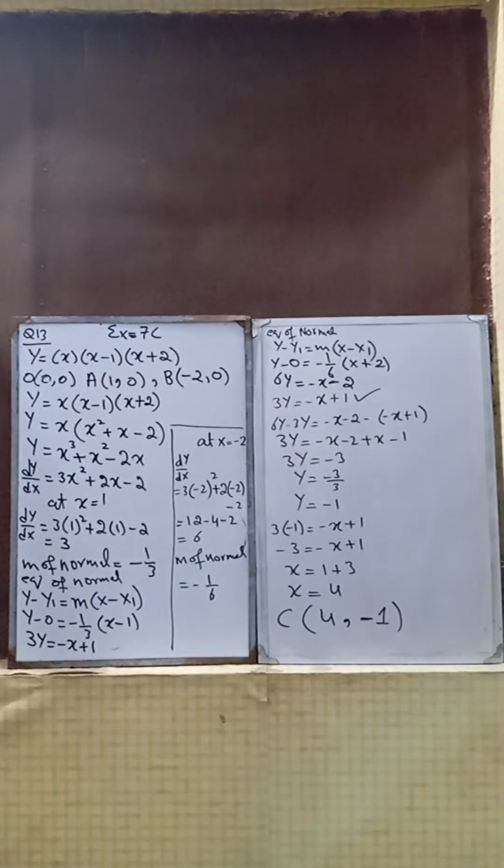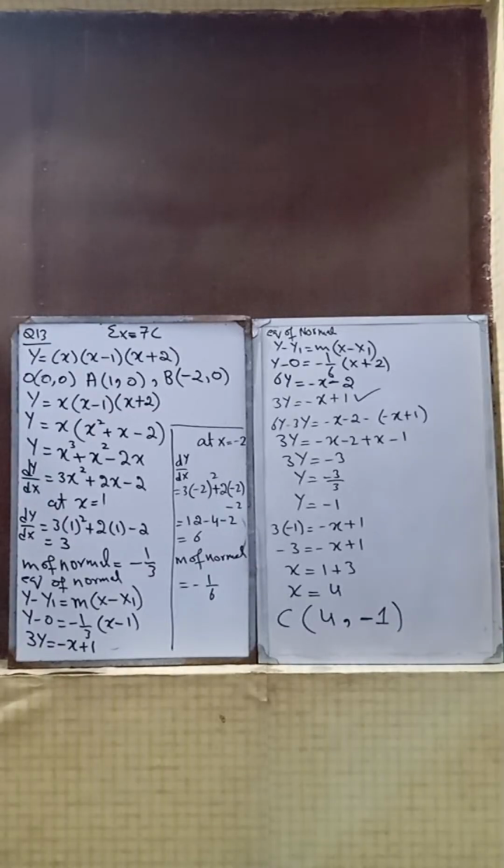He said that the normal at the point A and the normal at the point B intersect each other at the point C. So we derivated that equation, and then I put x equals to 1 and found the gradient of the tangent there. Then I found the gradient of the normal there. Then I found the equation of the normal at the point A.